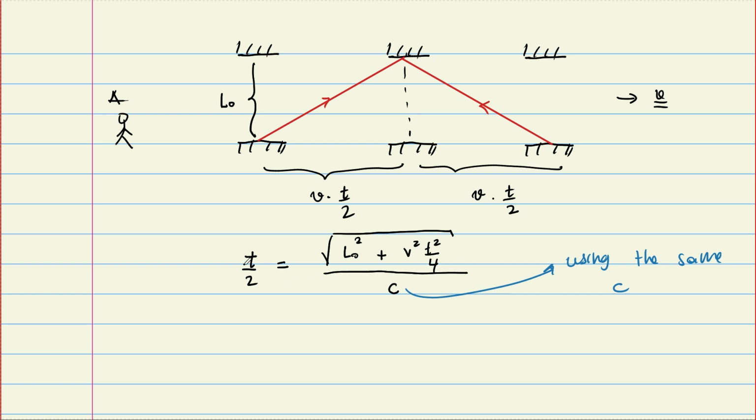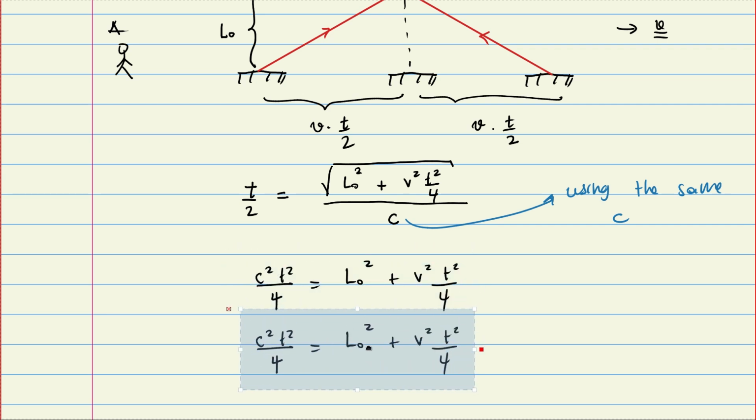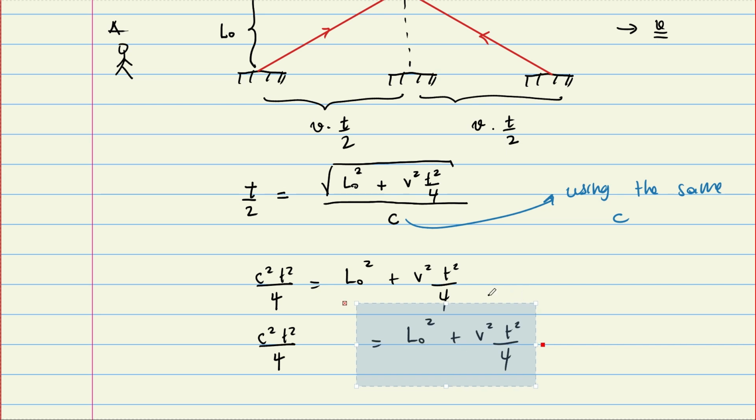So you can see this equation is written in terms of t, so I need to solve it for t, and it is a simple thing to solve. Just take this: c squared t squared over 4 is going to be equal to L naught squared plus v squared t squared over 4. And I can combine it. Let me copy this entire thing. I want to move this to this side and put a minus sign.